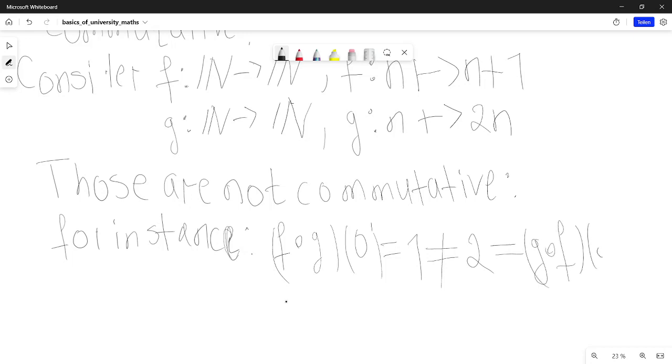I have done it in my mind, but let's look at it properly. F applied to 0, well, we add 1. This is 0 plus 1 is 1. And then we apply G to the result, so to 1. And G applied to 1 is just multiplied, 1 multiplied by 2 is 2. Well, okay, verified, and this is it.